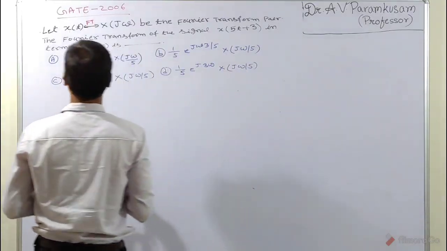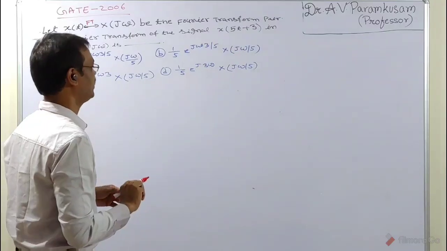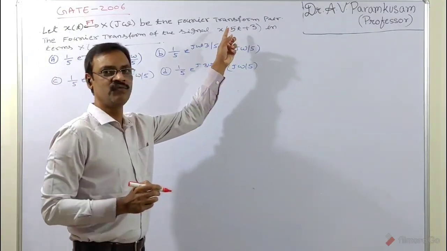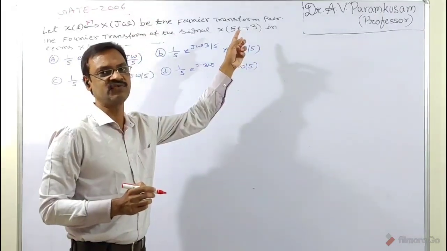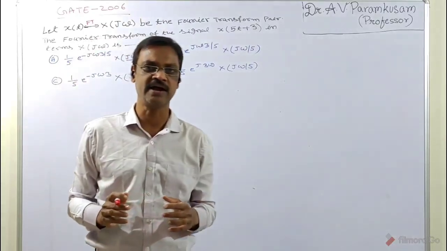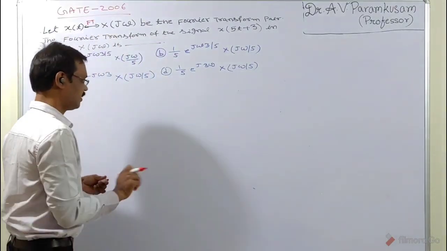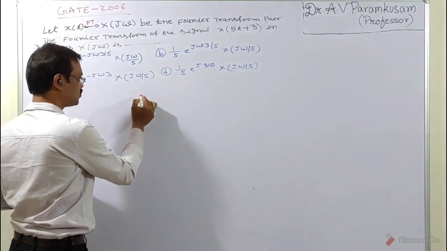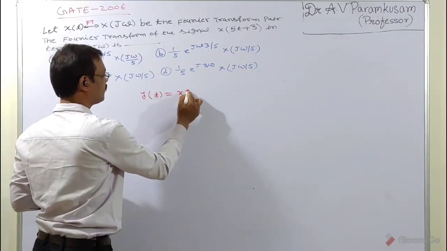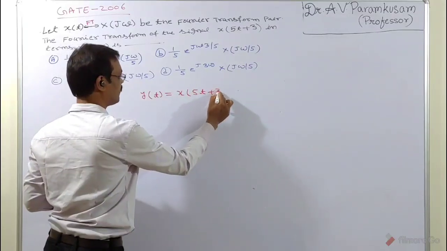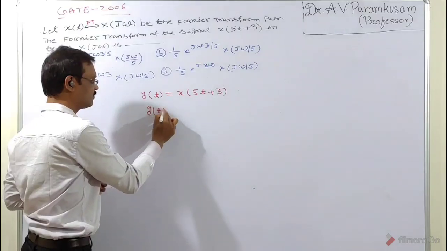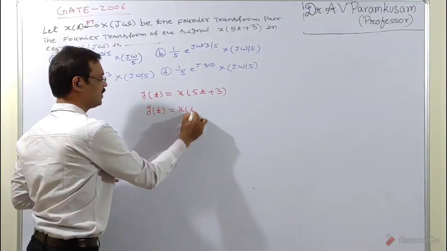That is the Fourier transform of x of 5t plus 3. In order to find this, we need to apply the properties of the Fourier transform. The two properties are the time shifting property and the time scaling property. Just now we discussed that suppose y of t is equal to x of 5t plus 3. First we write g of t is equal to x of t plus 3.